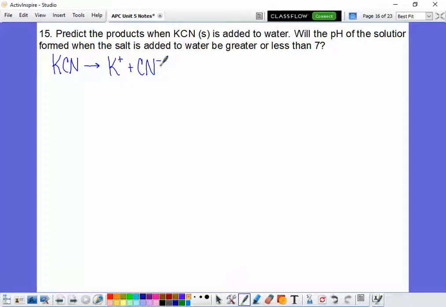Bases typically have what in common? They typically have hydroxide. There's a couple of randos, like ammonia and a couple of those other organic bases, but a lot of our bases have OH minus. All right, so OH minus is what type of ion? It's an anion. It's a negative ion. Hydroxide is an anion.